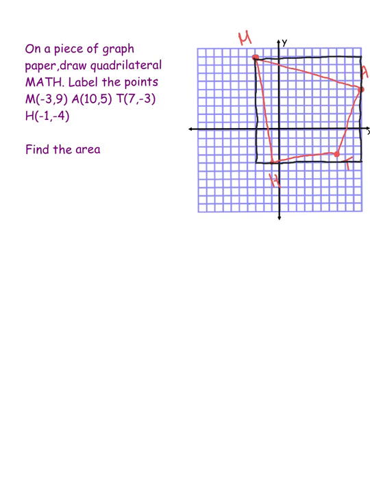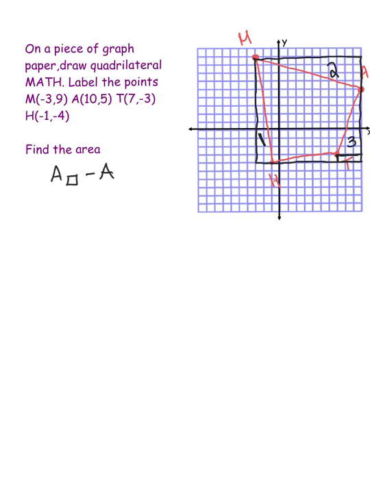Now, to find the area, in simple terms, I'm going to find the area of the box and then subtract the area of the shapes around it. In this case, I have a triangle here, which I'm going to label 2. Over in this corner, I'm going to knock that out to make 2 triangles and a rectangle.